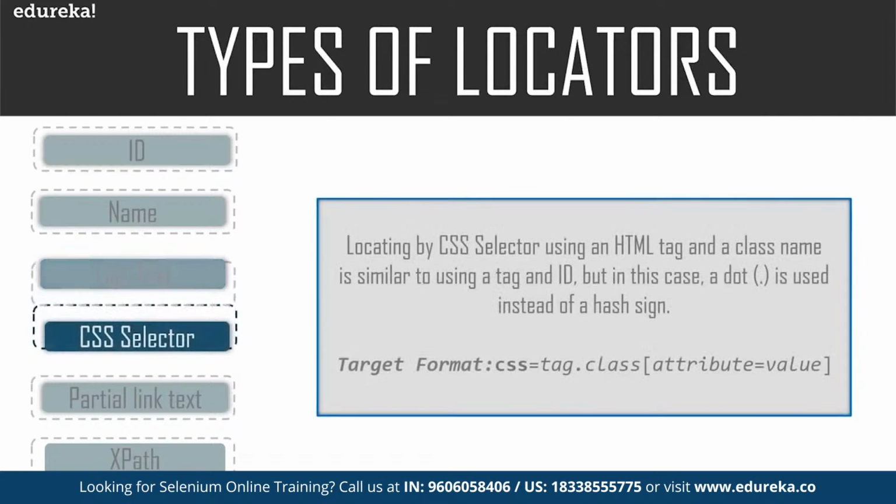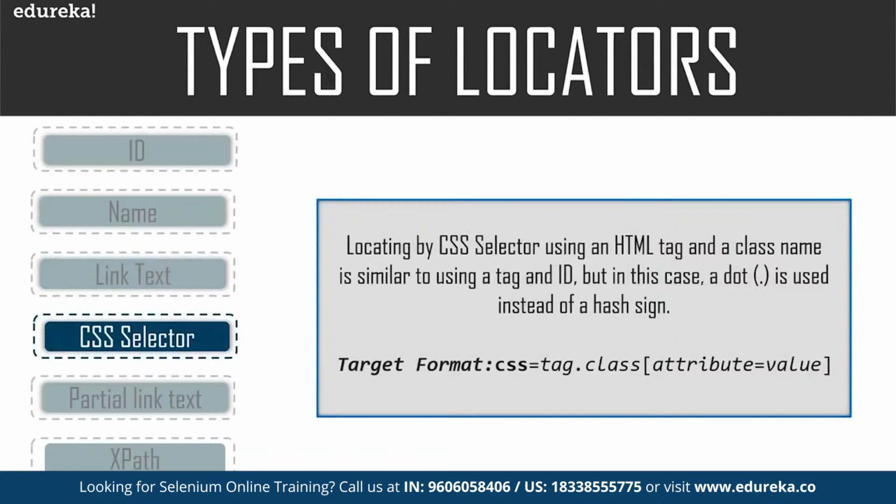Now what is a CSS selector? This whole session is mainly concentrated on this particular element locator, guys. Now let's understand what it means. CSS is mainly used to provide style rules for the web pages, and we can use it for identifying one or more elements in the web page. Once you start using CSS selector to locate an element, you will love the speed when compared to XPath.